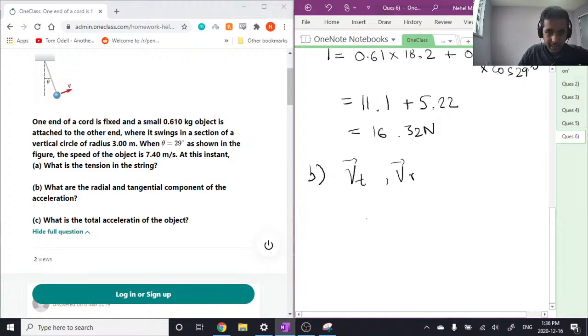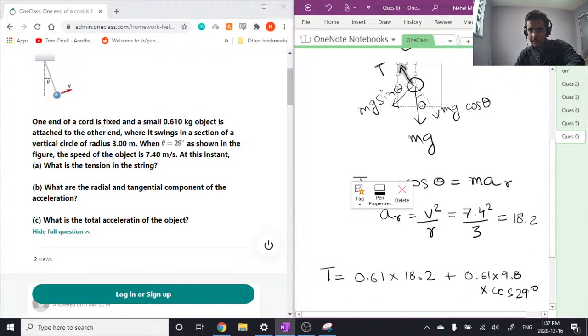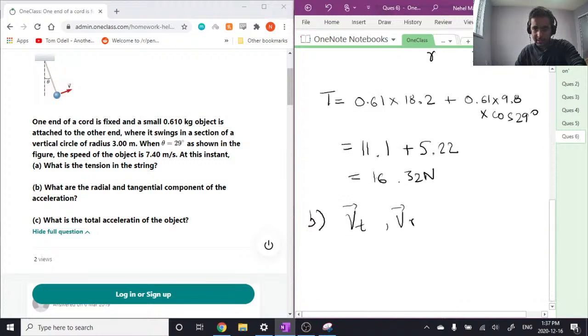But to calculate v_t, we can use again the free body diagram which we drew, and the tangential component of the force acting on this would be, if I go back up, mg sine theta acting in the tangential direction. Therefore, that would be equal to the acceleration.